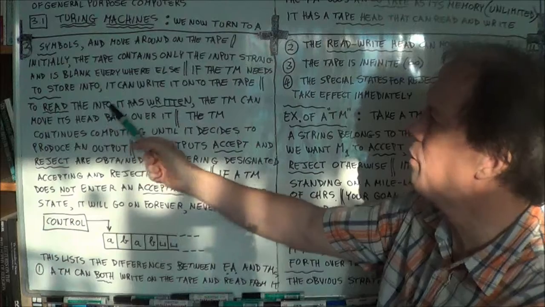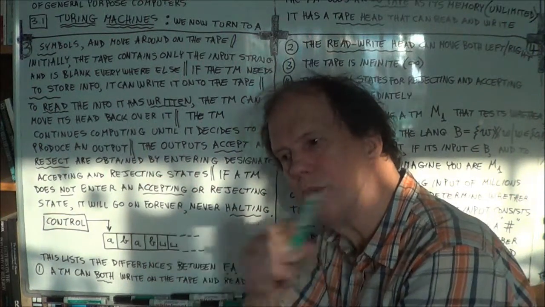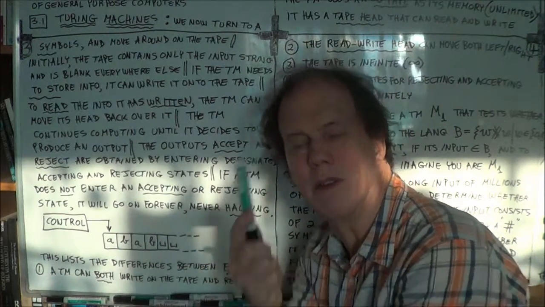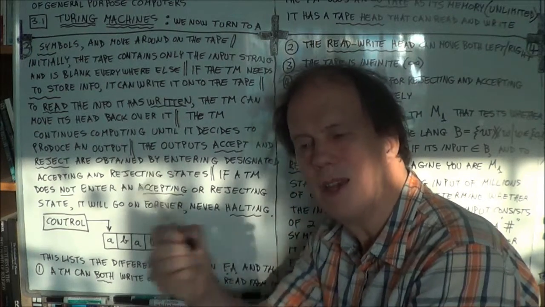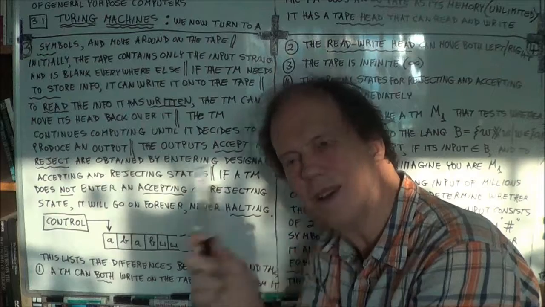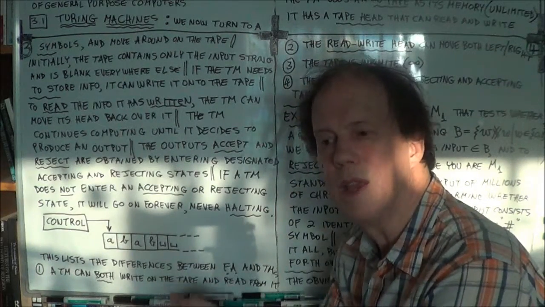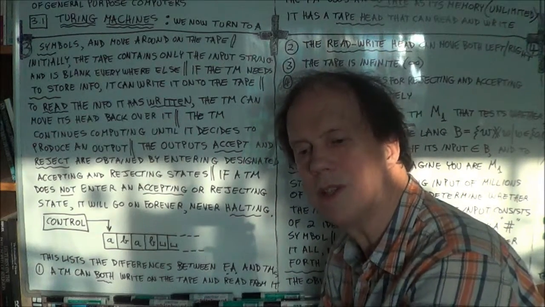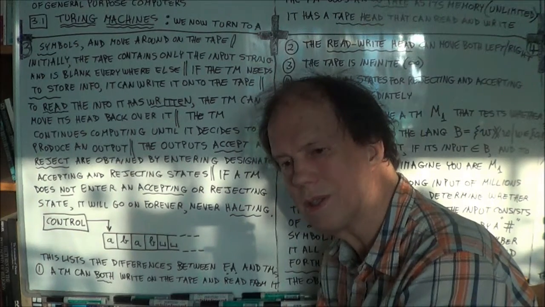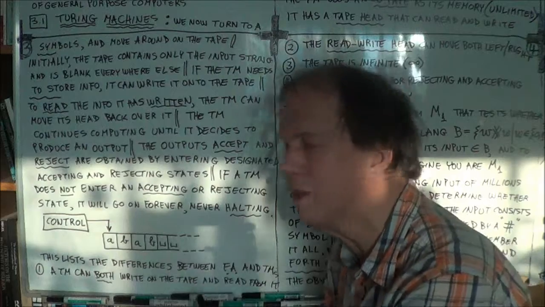Now, to be able to read information that's written earlier, it can move. Remember, the read-write head can move along the tape, or equivalently, the read-write head stays where it is, stays fixed, and the tape gets moved. But I think it's probably conceptually easier to imagine the read-write head moving across the tape. Okay, so it can read information that it previously wrote, and that's memory. Right? That's how the TM has memory, and it has infinite memory because the tape is infinitely long.